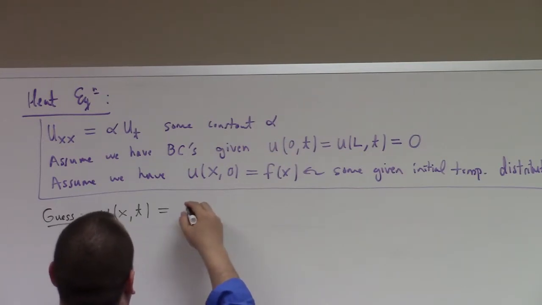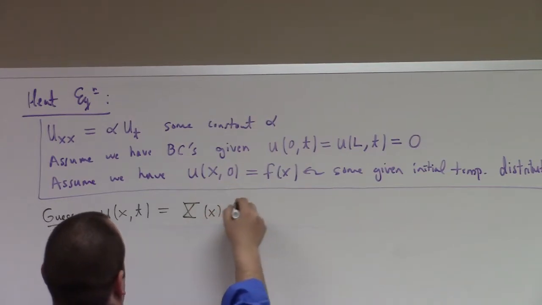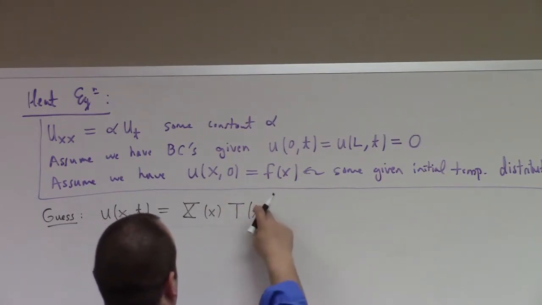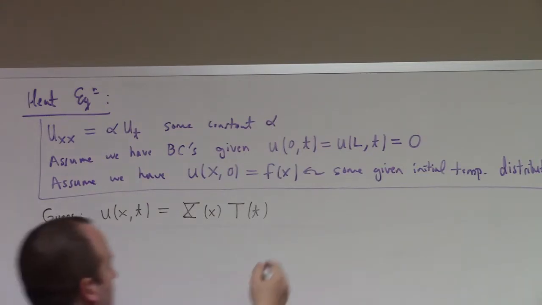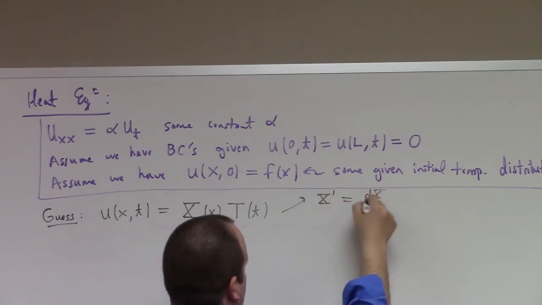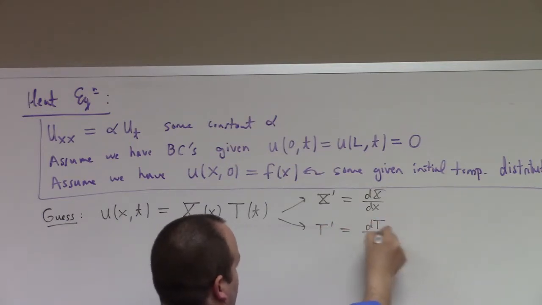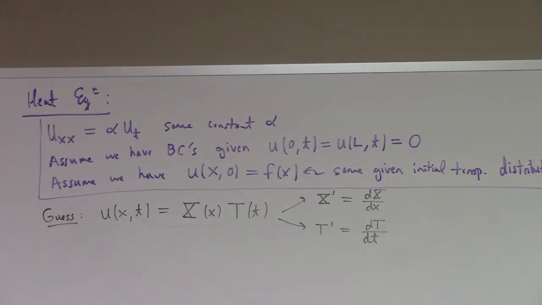But suppose you have a solution that you could write as a product of solutions. Now here, of course, I do not intend the Laplace transform notation anymore. Here big X and big T are just functions, respectively, of x and t. So when I write X prime, it's understood to mean dX/dx, and when I write T prime, it's understood to mean dT/dt, because that's all it can reasonably mean. That's just the notation we're going to use here.